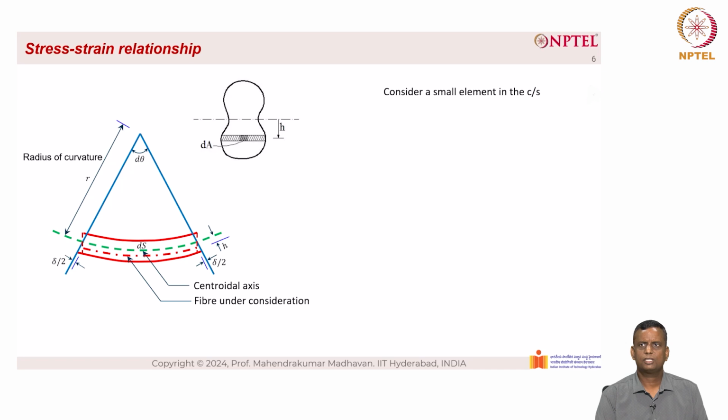So now consider a small element in the cross section. It is acting at a centroidal distance h. The small element is dA. The stresses will act normal to this element. So the moment is given as force into perpendicular distance. The force is given as sigma into dA. The perpendicular distance is h. So M equal to sigma h into dA.